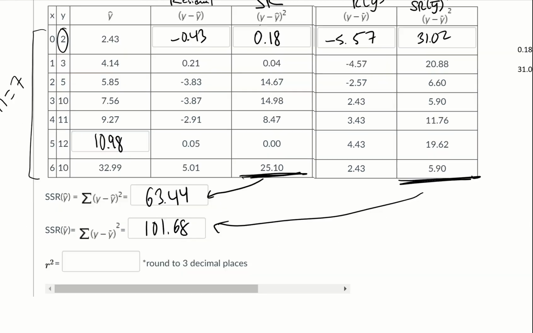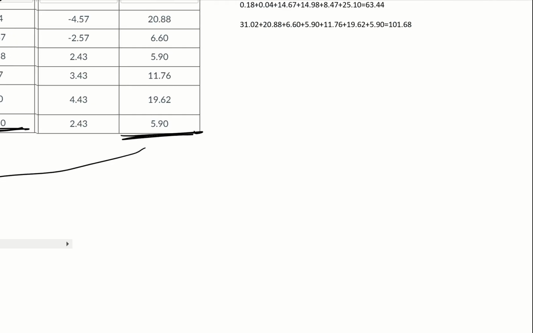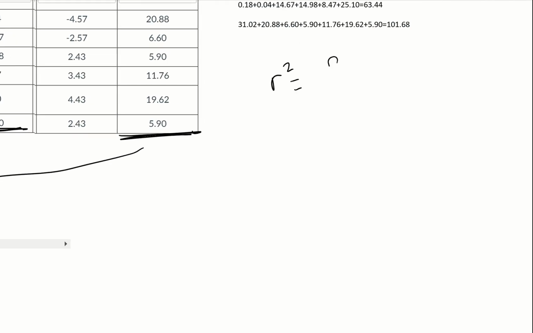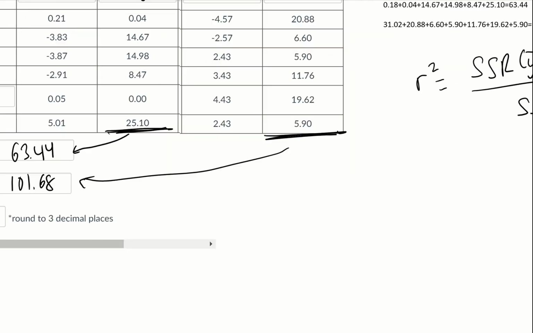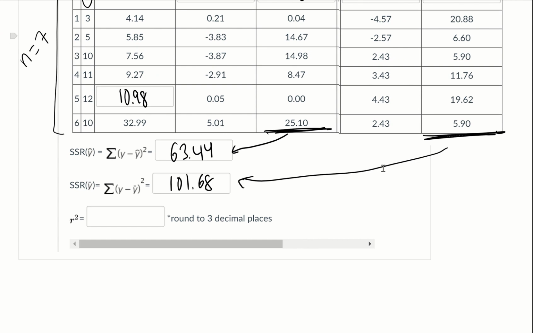And now we're going to get r squared. So remember, to get r squared, you're going to do your SSR for y bar minus your SSR for y hat, divide that by your SSR for y bar. And so now we got those numbers, we can actually plug it in.